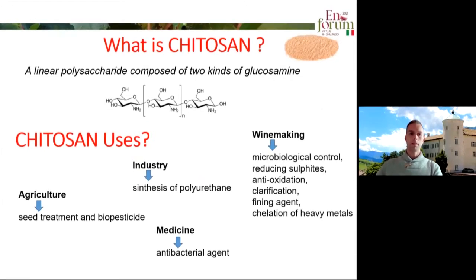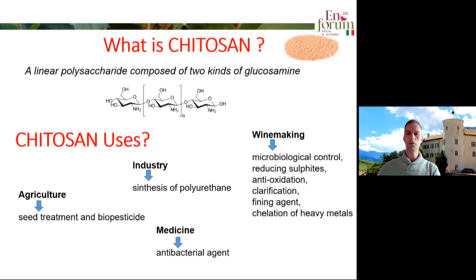Chitosan is used in several domains: in agriculture, in industry for the synthesis of polyurethane, in medicine as an antibacterial agent, and in winemaking. And we will consider chitosan in that sector today in terms of its microbiological control effect.